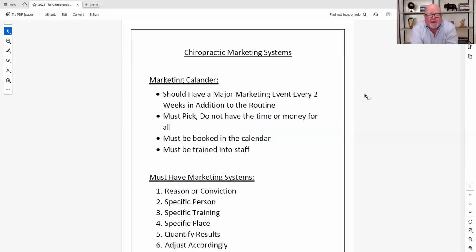So in every staff meeting, one of the 10 categories will always be, how did last month's marketing do with effectiveness? And then what's going on this month, reminding everybody of what's happening this month. And then what's happening next month with marketing that we need to get ready for. Every staff meeting, that's one of the 10 categories that should be covered.